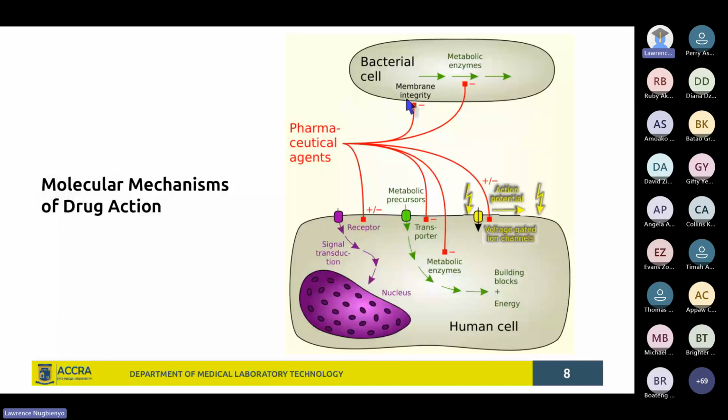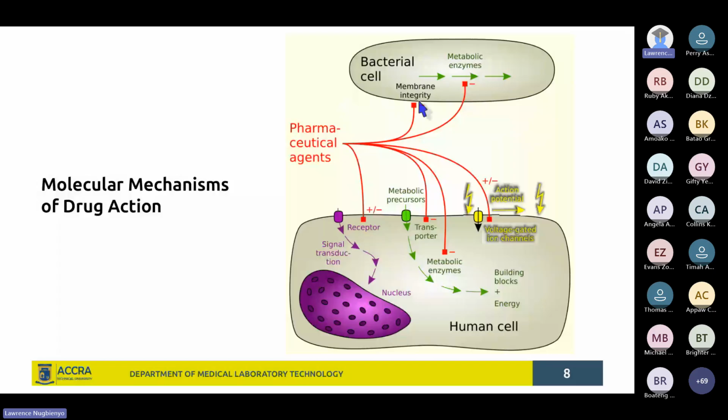That will be what maybe you refer to as a bactericidal effect, because the structure of the bacteria is disrupted. So its content will just break open, and everything there will no longer be that bacterial cell. So that will result in cell death, the bacterial cell death.